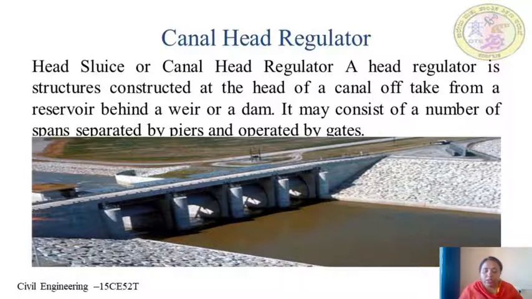The piers support the gates provided for the regulation of water flow to the canal. These spans range from 6 to 8 meters, which are used with counterbalanced steel gates operated manually by winches. And also larger spans are used if necessary or if the condition is economical.